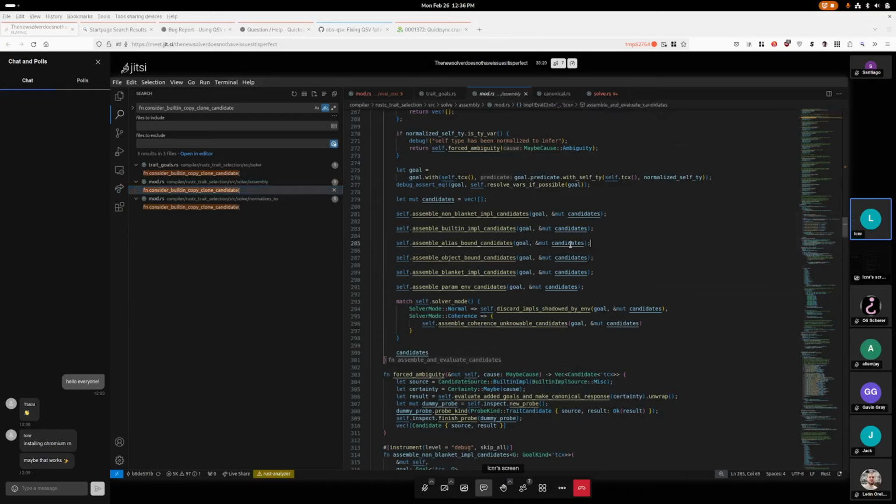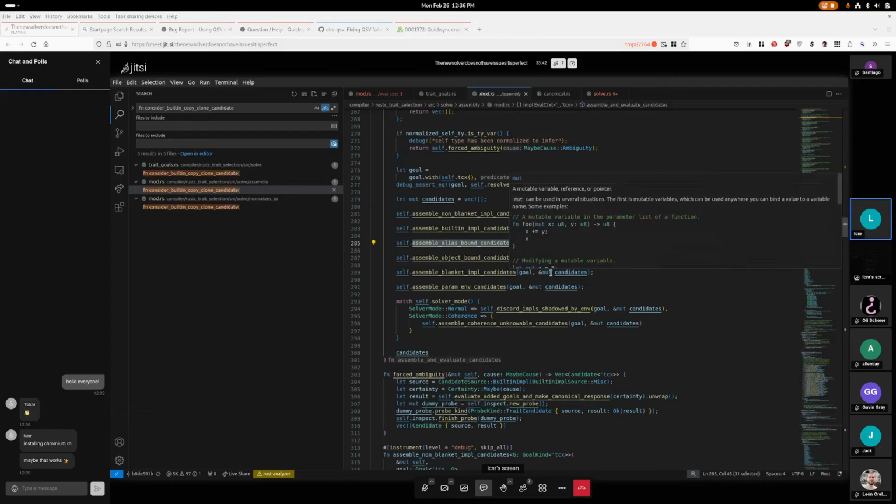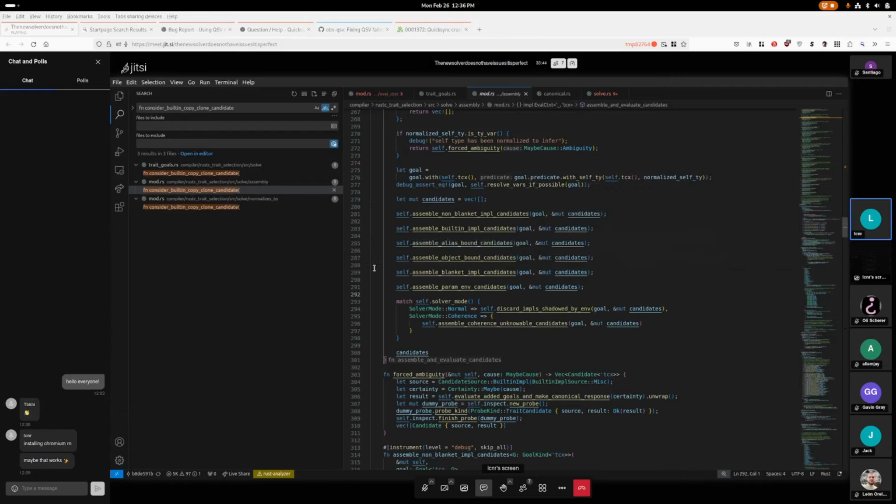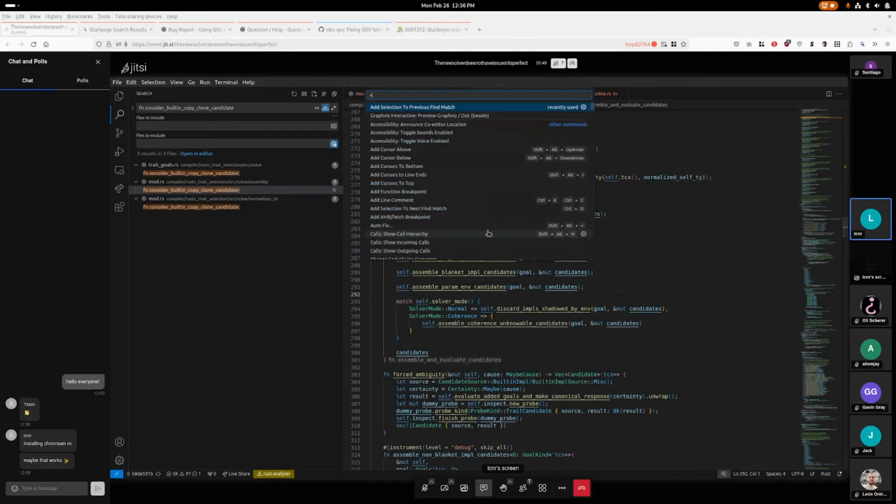Then we have alias bound candidates, which are the item bounds on associated types and opaque types. So if you have some rigid alias, like T::Trait::Assoc is rigid, I would like to have an example.